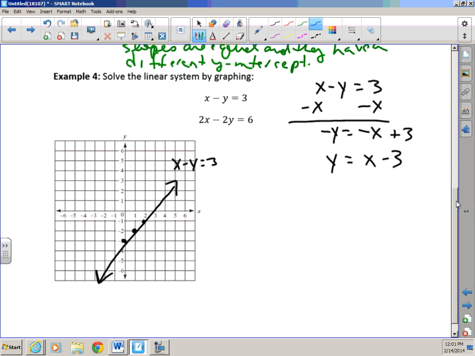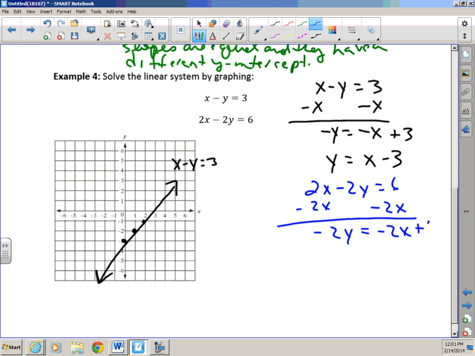Then the second one, I solve, subtract 2x, negative 2y equals negative 2x plus 6, divide everything by negative 2, and you get the same line. So when I graph it, it's going to go right on top.